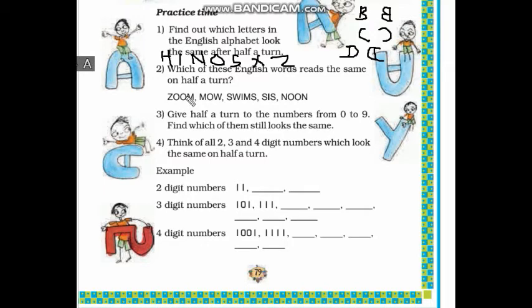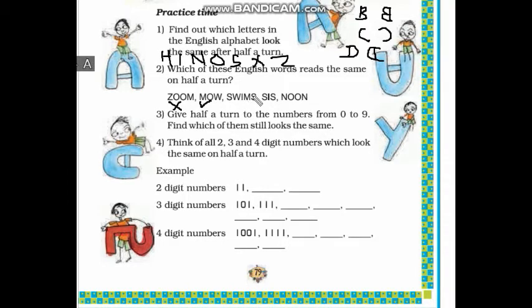So this will not read the same on half a turn. Then MOW, W will become M, O will remain same, and M will become W. That means MOW will become MOW, so it reads the same on half a turn.